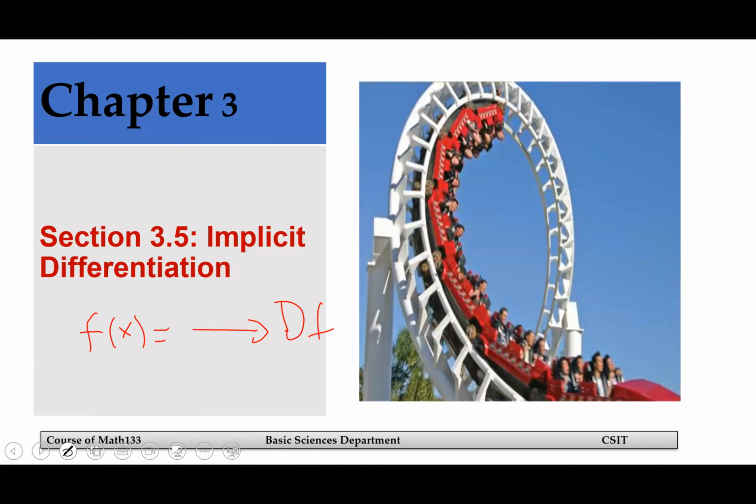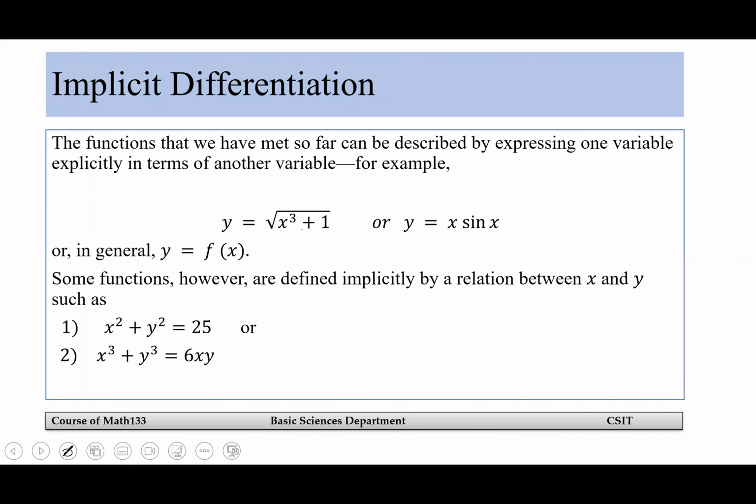In implicit differentiation, the y equal to f of x is given by an equation. Inside the equation, the y expression is not given explicitly, so that's why we call this implicit differentiation.